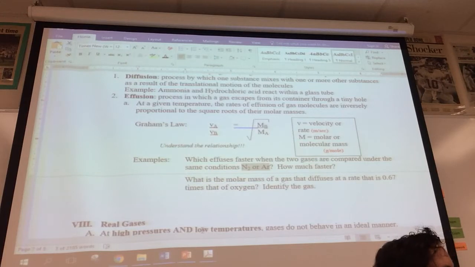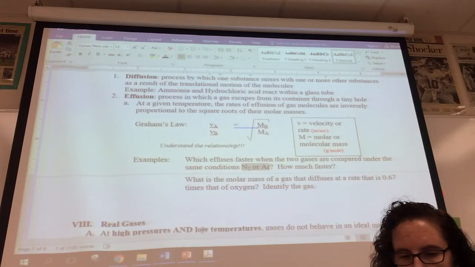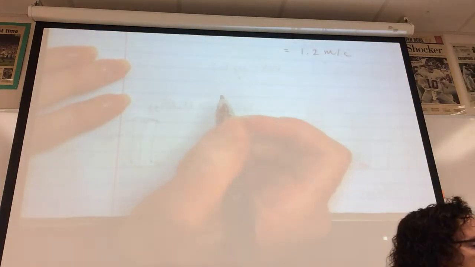It says, what's the molar mass of a gas that diffuses at a rate that is 0.67 times that of oxygen? So it effuses slower than oxygen, which means its molar mass is greater. Okay. So if you were working this type of problem, and again, this is an honors level type problem that you probably would have seen last year.